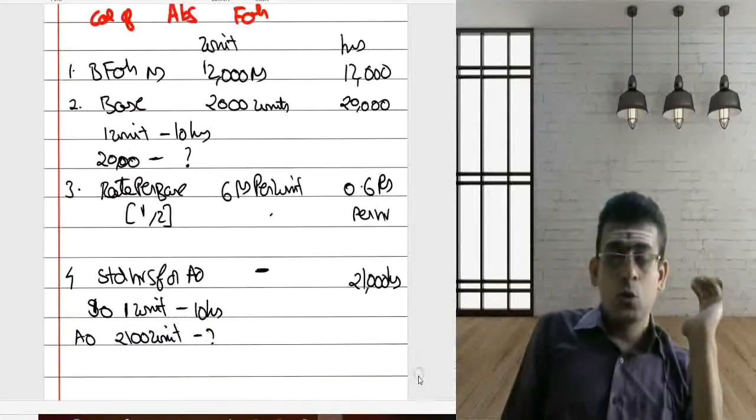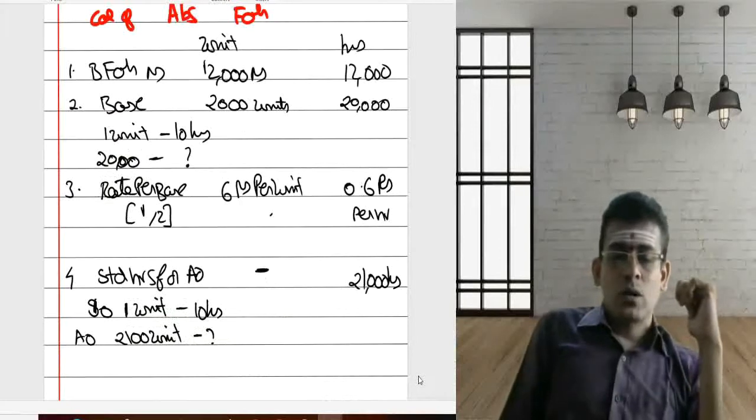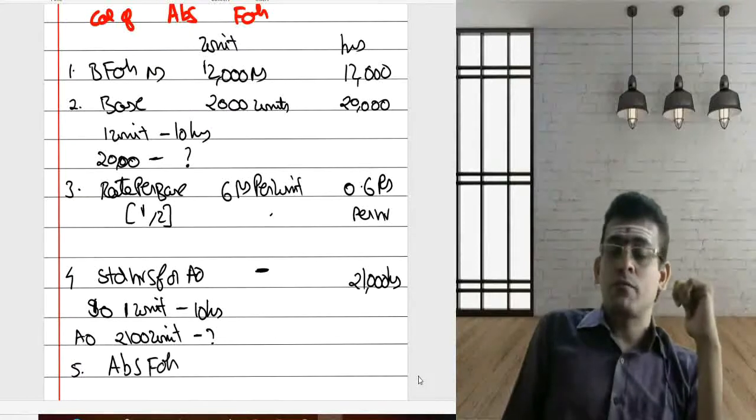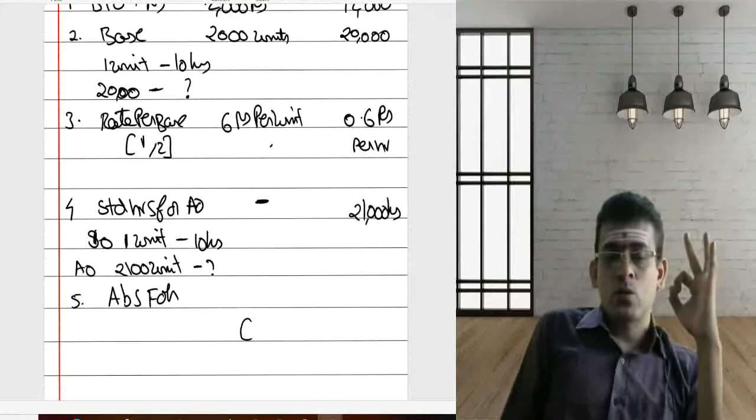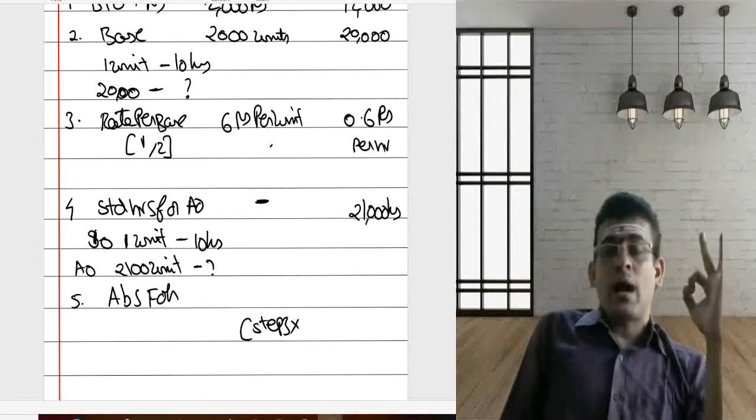Then if we go to the solution part. What is my next step? My next step is nothing but calculation of my observed fixed overheads. When I calculate based on units, I'll simply multiply step 3 with my actual output. What was your actual output? 2100.